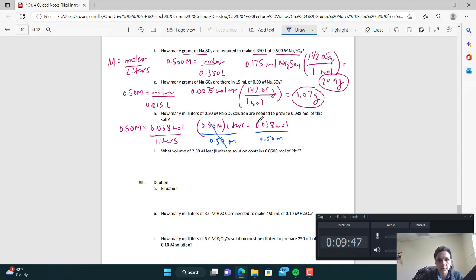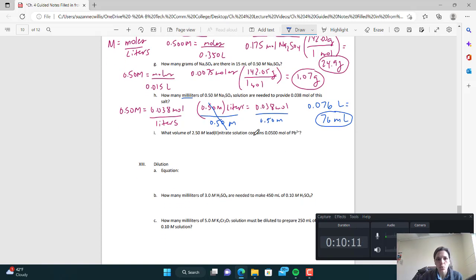So these cancel. So we do this on the side, and that's going to give us liters. So we're going to get 0.076 liters, and then it actually asks us for milliliters, so we're going to multiply by 1,000, and that'll be 76 milliliters there. Okay?